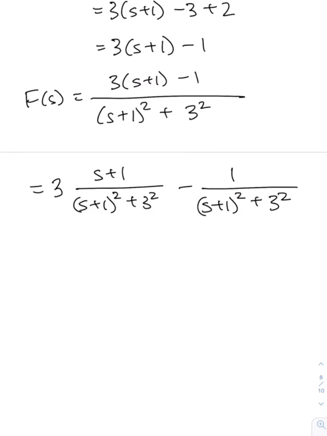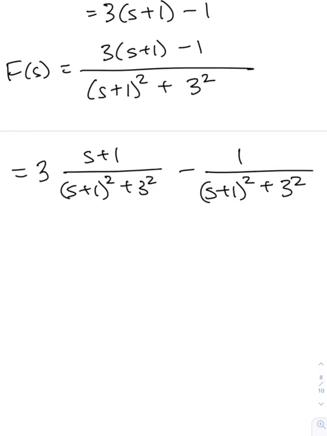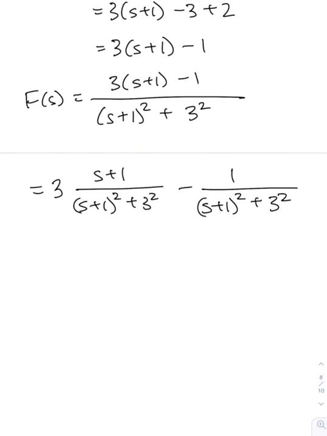So what I've got right now, I've got these two rational functions, and the first one I'll be able to read its inverse Laplace transform right off of the table. The second one, not quite. For the second one, I would need to have a 3 in the numerator in order to read it off the table. So let me make one more step, where I add that 3 into the numerator of my second fraction.